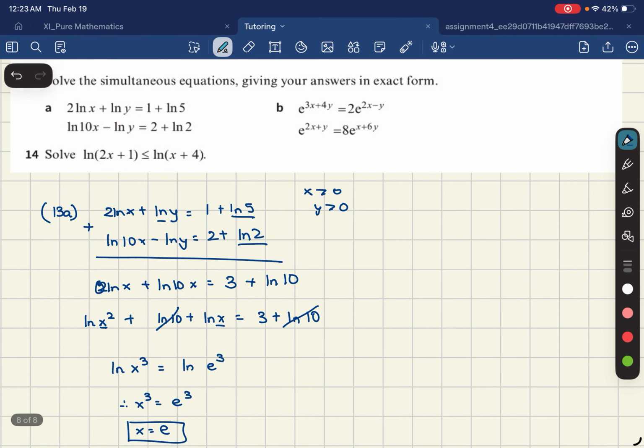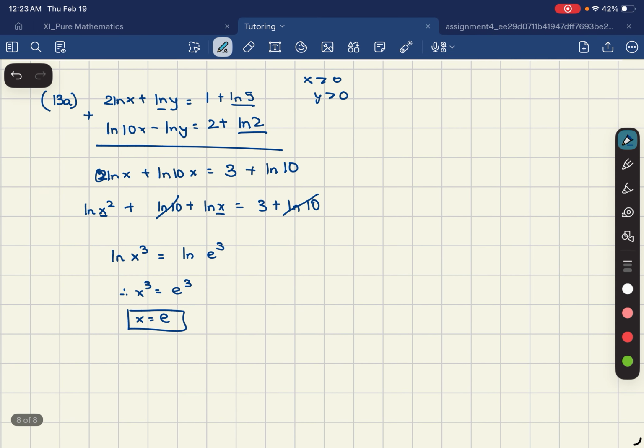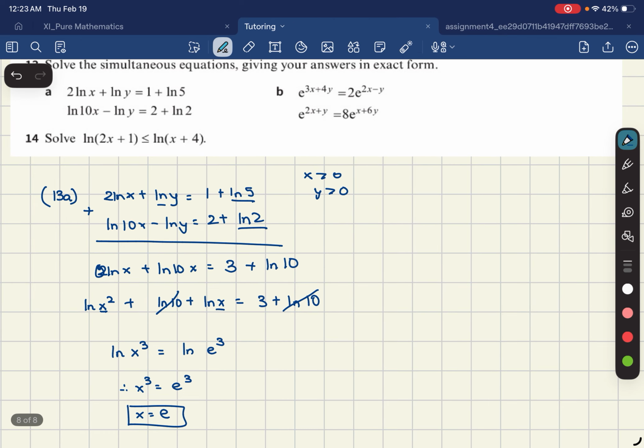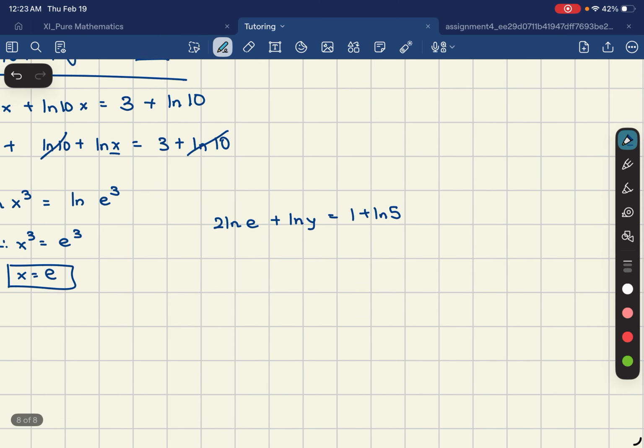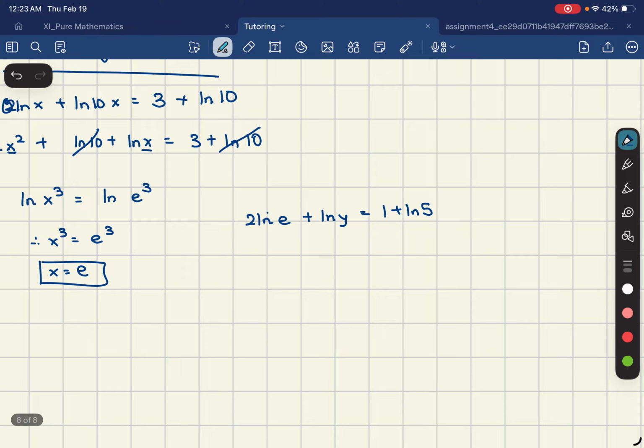When x is equal to e, I can just substitute back. Let me just use my first equation. 2 ln e plus ln y should be equal to 1 plus ln 5. ln e is just 1, so this is just 2. So ln y is ln 5, and if I subtract 2 on both sides, I get minus 1.